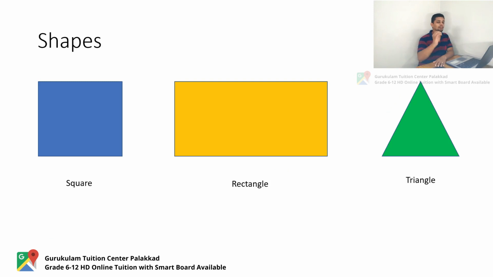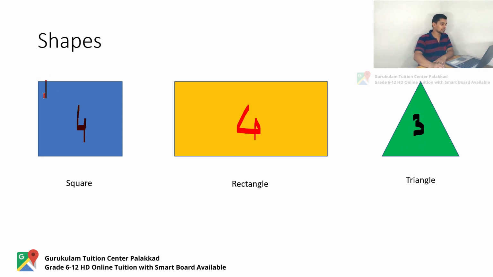Okay, now we have to discuss the shapes. There are many kinds of shapes. We are not going in depth on all the shapes, we are just focusing on some of them here. The first shapes are square, rectangle, and triangle. The square has 4 angles, the rectangle has 4 angles, and the triangle has 3 angles. So let's check.